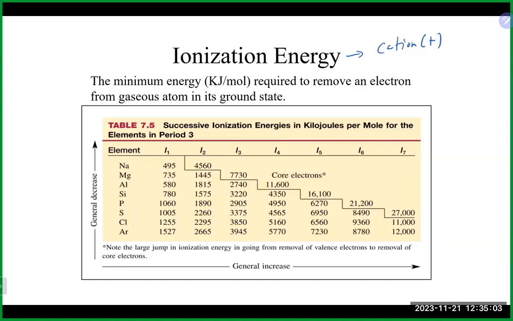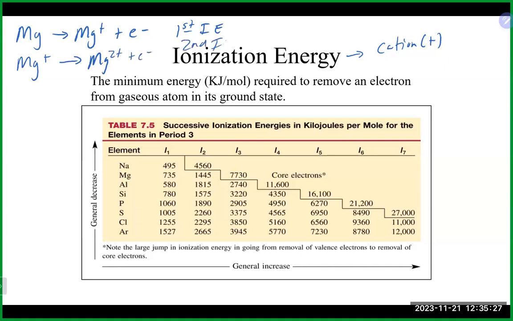So for example, if we take our friend magnesium, the first thing that would happen is magnesium would lose 1 electron, and that would be the first ionization energy, the energy required to remove that electron. The next thing that would happen is magnesium would then dump a second electron, and that would be the second ionization energy.